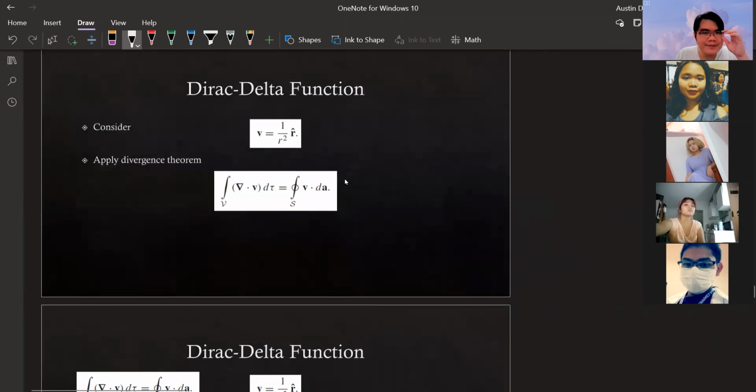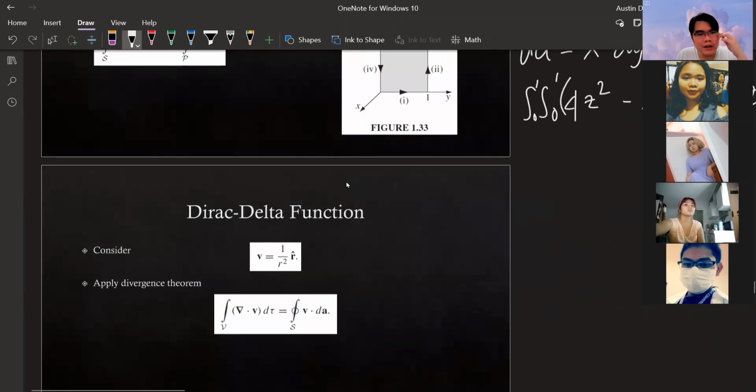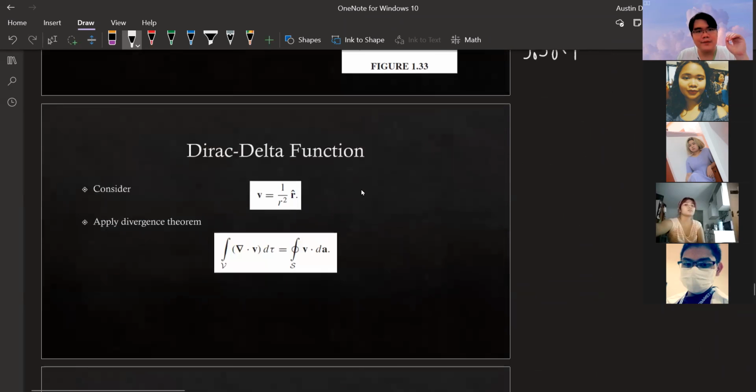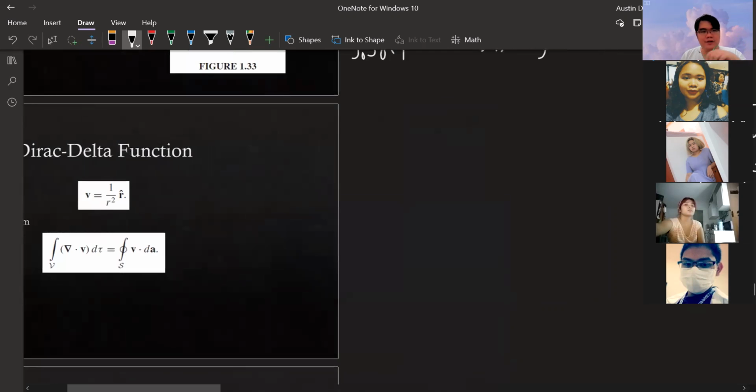Okay? Okay. Now, punta tayo ngayon sa Dirac delta function. Pero i-consider muna natin yung vector na ito. Yung vector na 1 over r squared r hat. Now, what does this look like? So, yung vector na v, sulat natin, v mo is 1 over r squared. And then, direction niya is r hat.